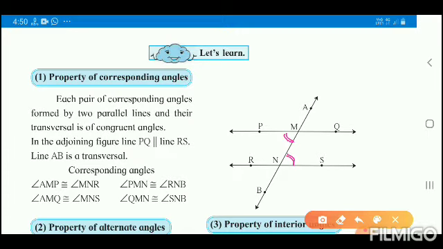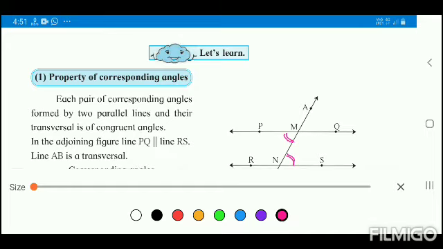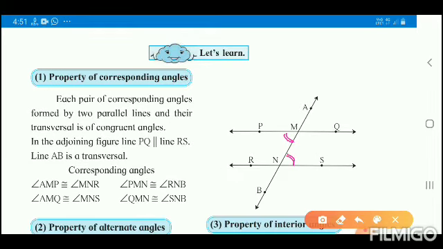This angle is congruent with this angle. Now the next pair of alternate angles is angle QMN, means this angle, congruent with angle MNR, means this angle. Okay. Understand this? These are the pairs of interior alternate angles.